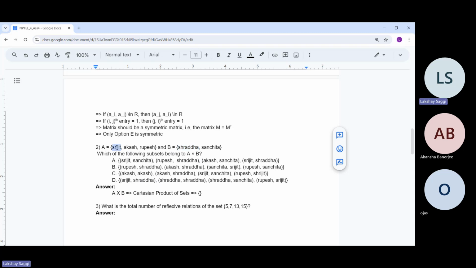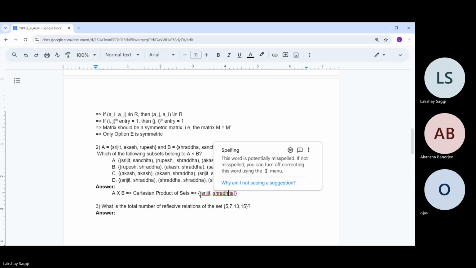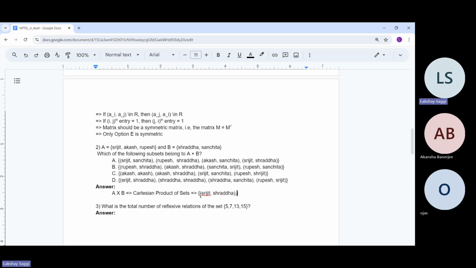Suppose we take Srijit. The entries of this set will be Srijit, Shraddha, and then Srijit can also be paired with Sanchita.